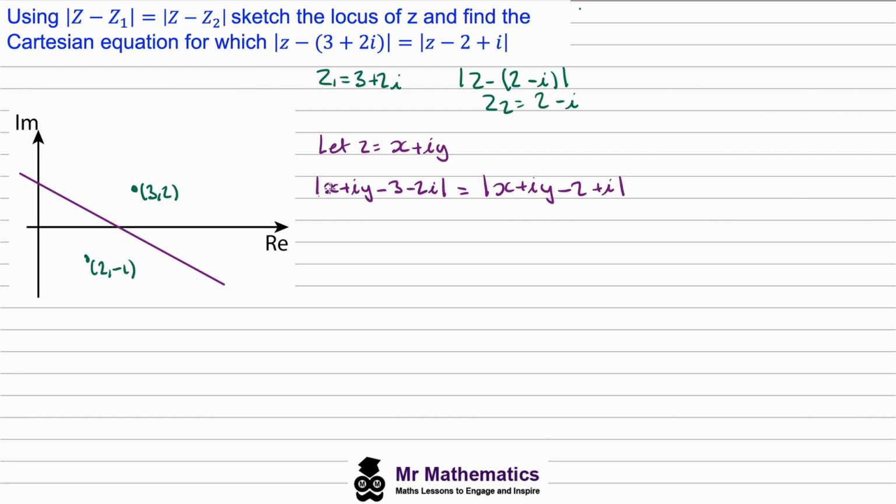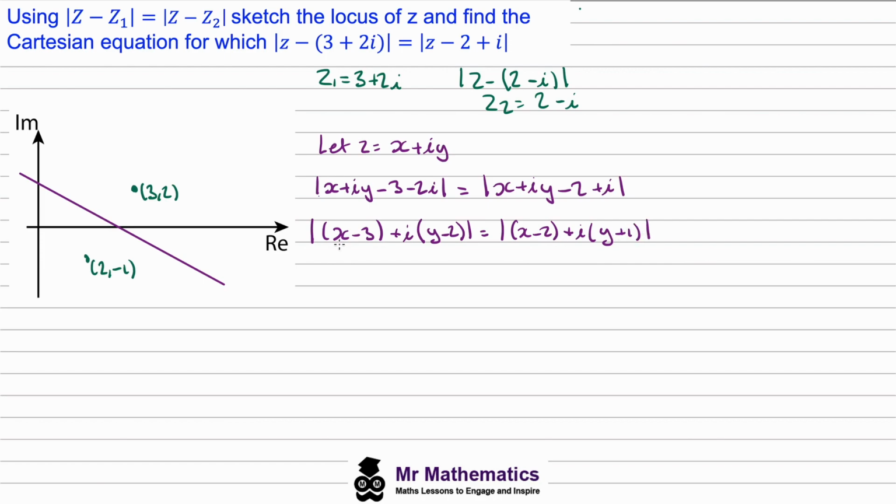Now, we've got a collection of real and imaginary parts, so we can group these together. So we have a modulus of x minus 3, and these are our real parts, plus i, and the imaginary parts of y and negative 2, then this will be equal to x minus 2, the real parts, plus i, and then y plus 1.